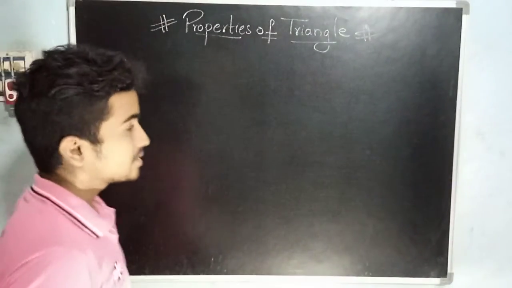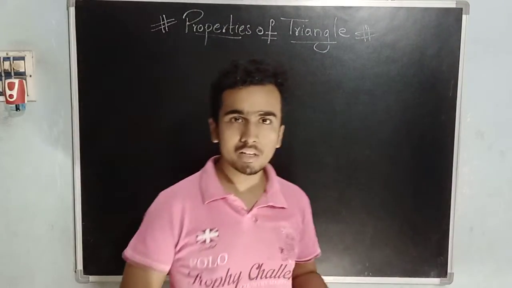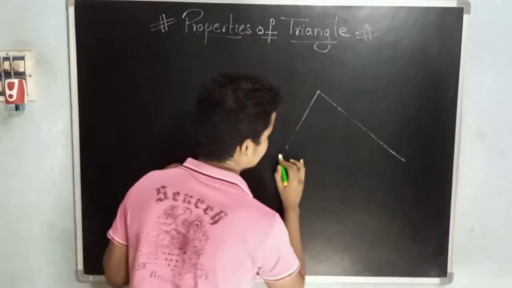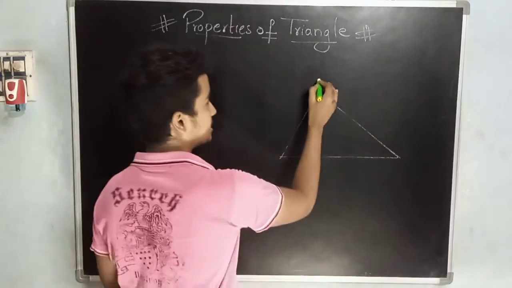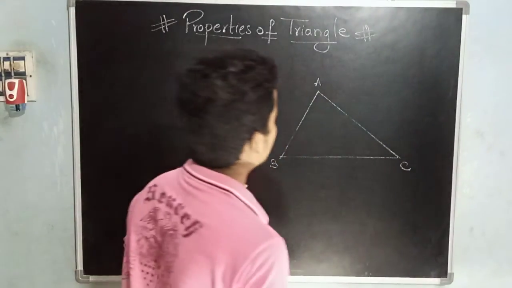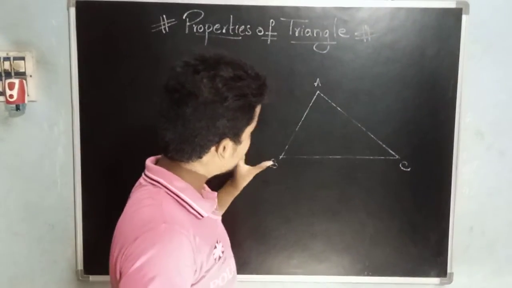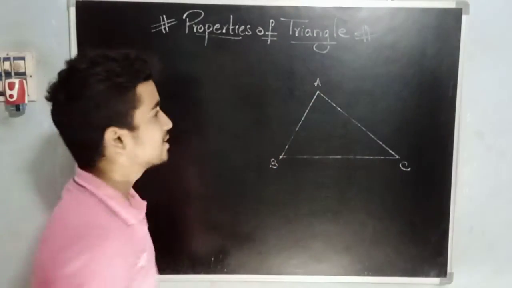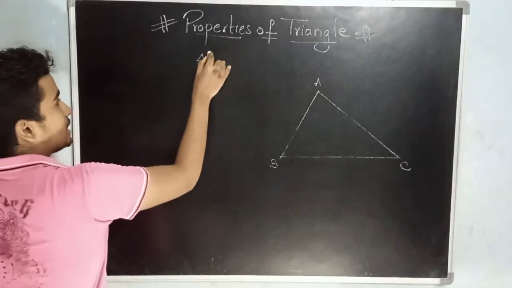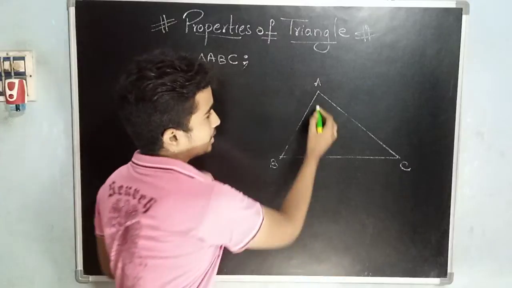To understand this, there is a fixed format of the triangle that is considered in all the concepts. Let me consider a triangle, a three-sided polygon, A, B, and C. In this whole chapter, the triangle has a fixed name, triangle ABC.